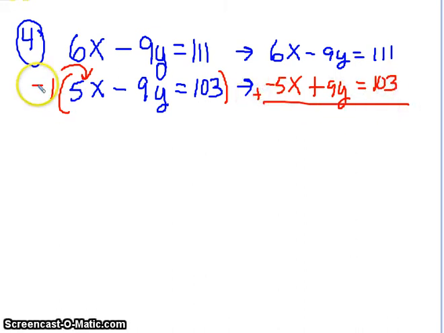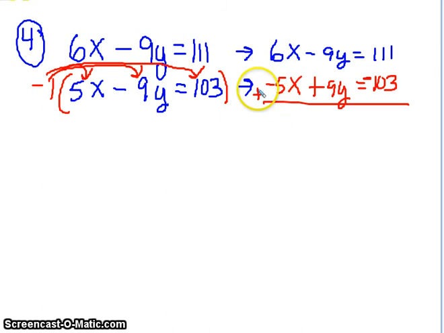A negative times a negative is a positive. We say that all the time. This is supposed to be negative 103. I hope you caught that. A negative times a positive is a negative. A negative times a negative is a positive. And a negative times a positive is a negative.